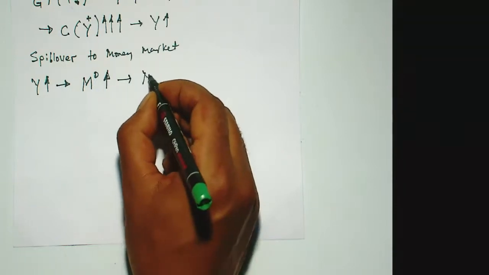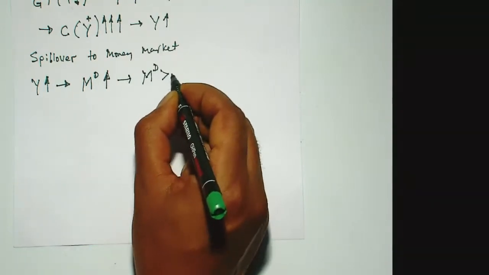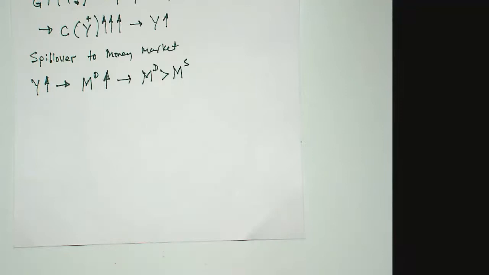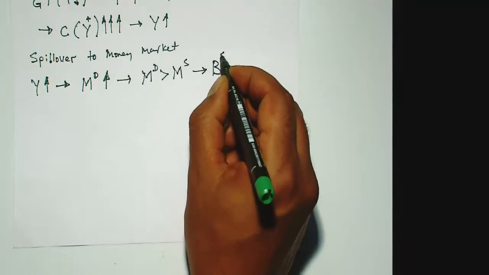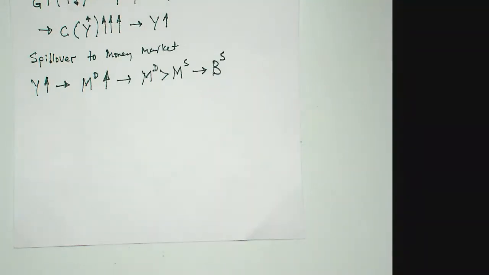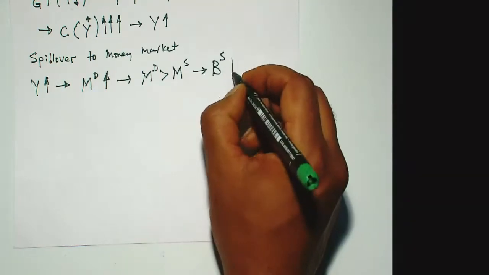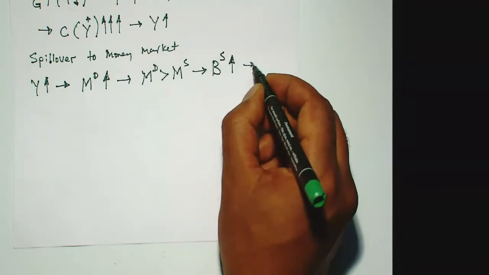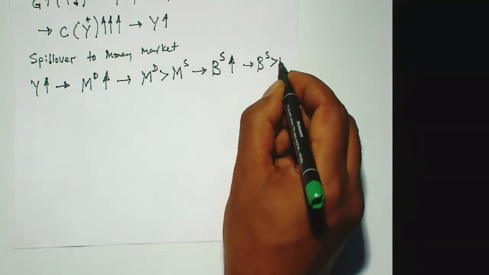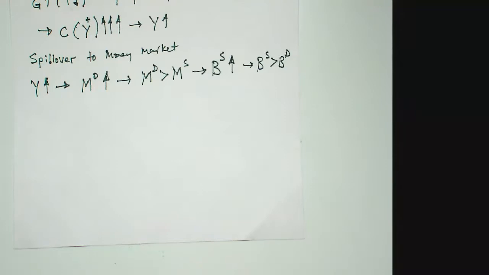If money demand is increasing, money demand will be greater than money supply. If there is a high demand for money in the market, there would also be an increase in bond supply. There would be an excess bond supply in the market, which indicates that bond supply would be greater than bond demand.